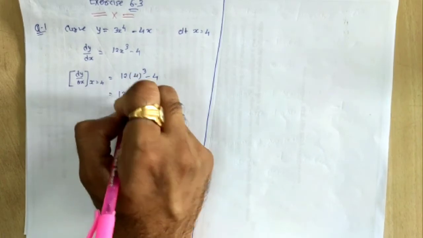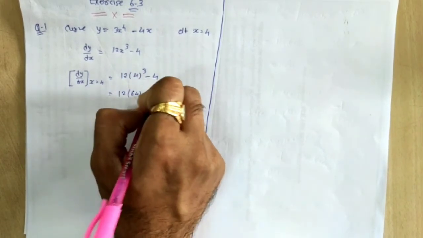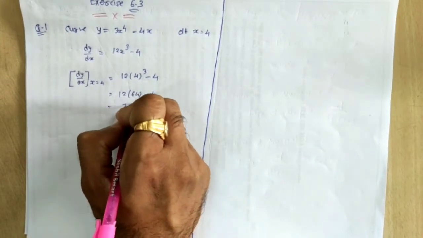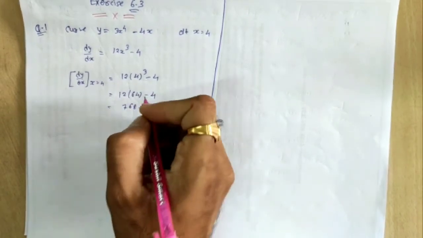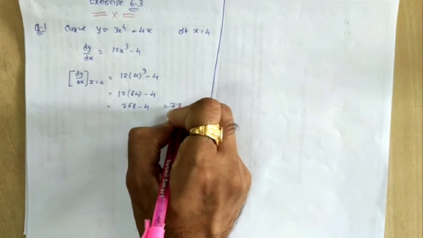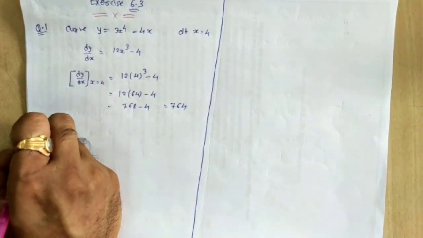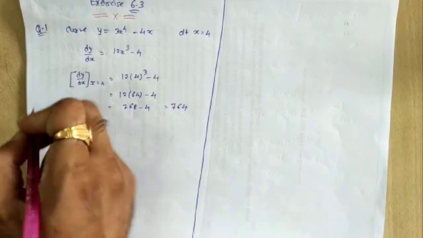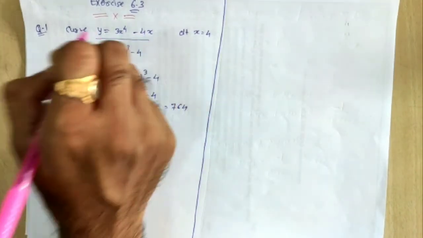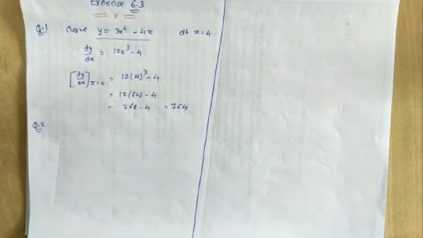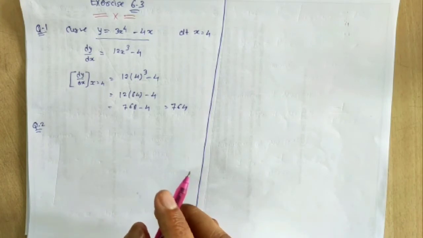So it's 12 into 64 minus 4. Multiplying, we get 768 minus 4. So the answer will be 764. Clear students? It is the slope of tangent to the curve y equal to 3x raised to 4 minus 4x.